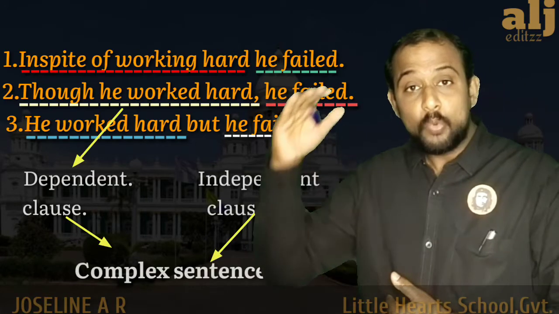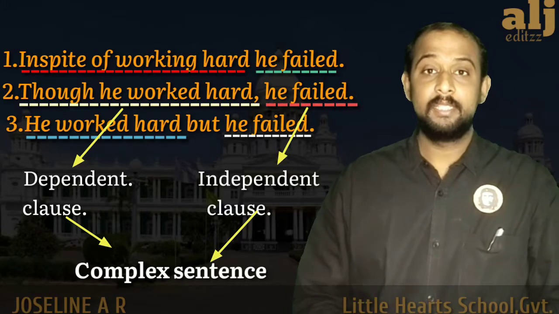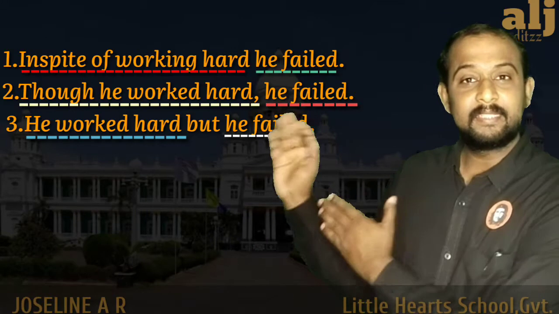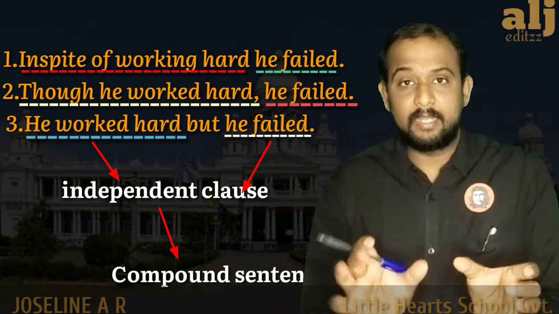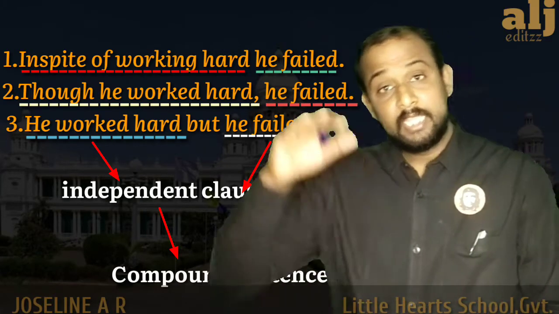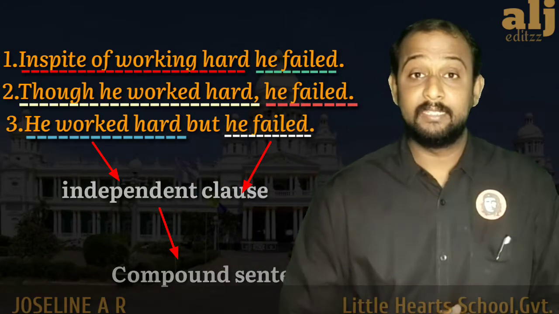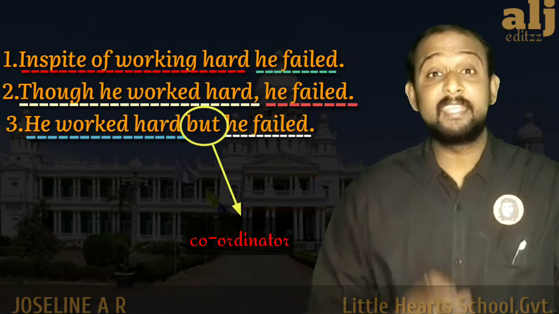So when there is one main clause and one or more dependent clauses, such a sentence is known as a complex sentence. The third one, he worked hard but he failed. He worked hard is a main clause. He failed is also a main clause. Both are connected by the but, a coordinating conjunction.